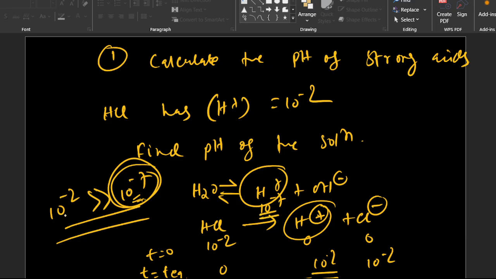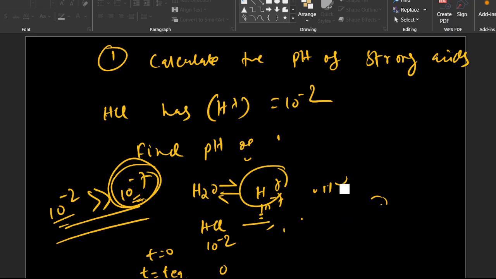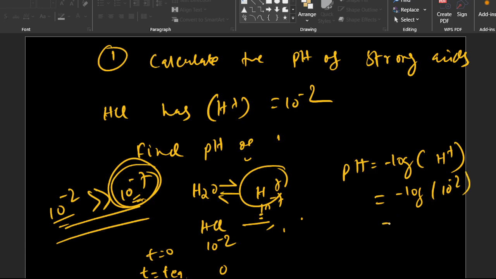So when calculating the pH of a strong acid, pH equals the negative logarithm of the H plus concentration, that is minus log of 10 raised to minus 2, which is 2. So pH equals 2.